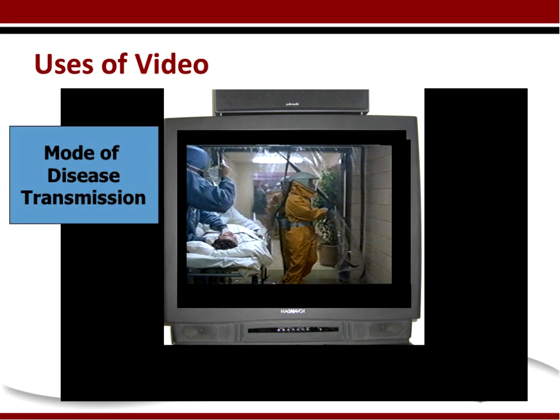One of the ways in which I used videos was in my section on discussing the mode of disease transmission, whether it be direct or indirect. I had a video clip that I took from the movie Outbreak with, I believe, Dustin Hoffman, who played the role of a virologist, an epidemiologist. In this segment, he's coming into the hospital ward where some patients have been infected with some sort of a virus or a pathogen, and he has to decide.